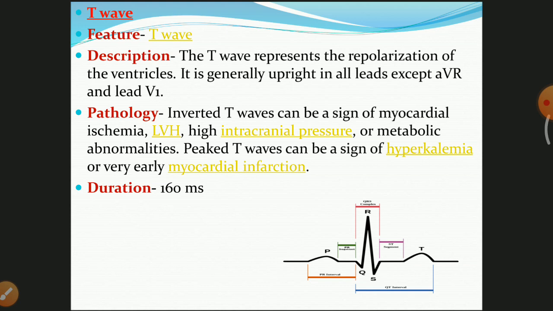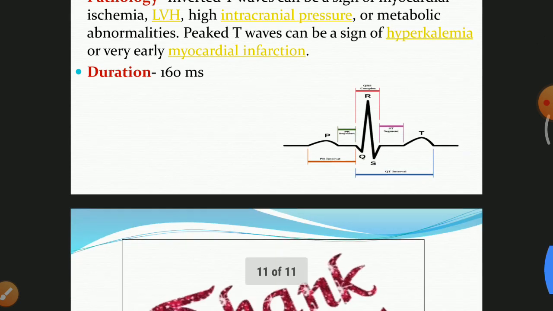Peaked T waves can be a sign of hyperkalemia, a high concentration of potassium ions in the body fluid, or very early myocardial infarction, which slowly damages the cardiac muscle. The duration of the T wave is 160 milliseconds.